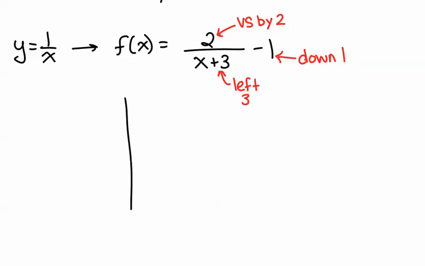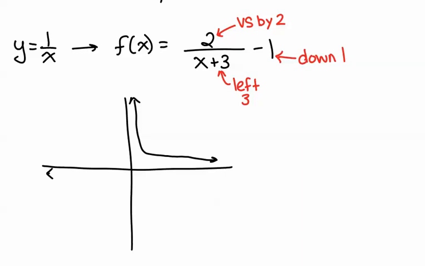Okay, so the reciprocal one's a little tricky to sketch, but our original reciprocal function looks like this, kind of. And what's important to note for the reciprocal ones is the asymptotes. So currently the asymptotes are along the x and y axis. So right now, this graph has asymptotes at x equals 0 and y equals 0. That's where they are right now. Okay, but we're going to transform our graph slightly.